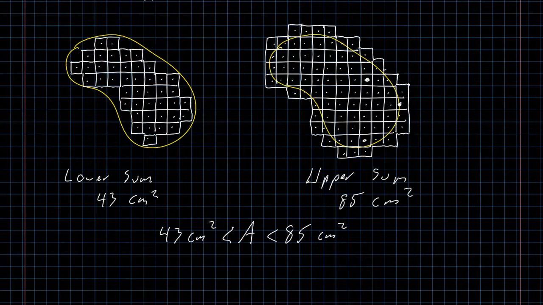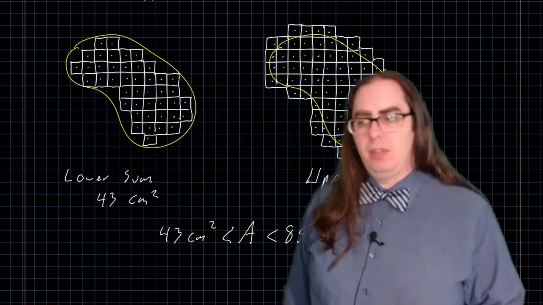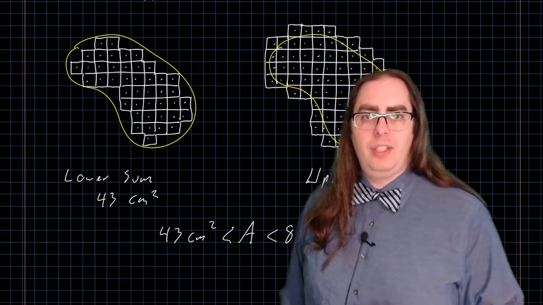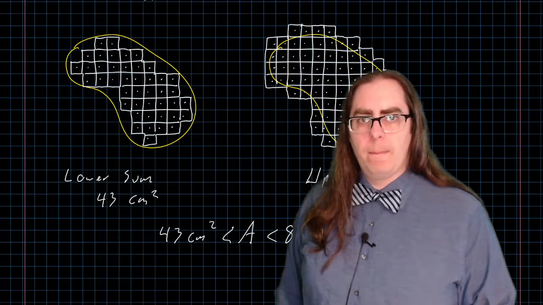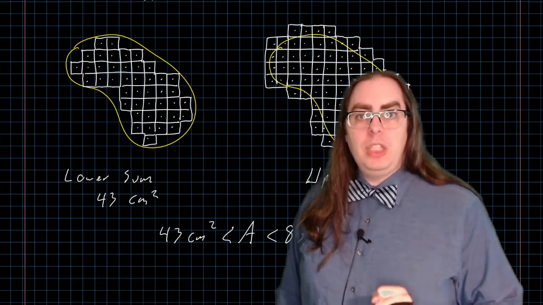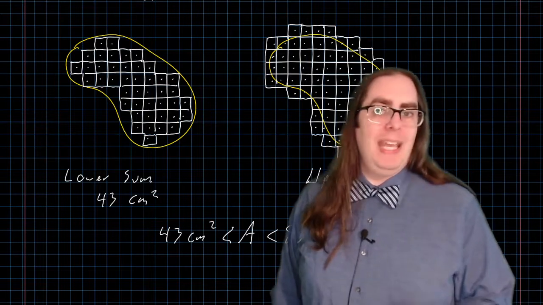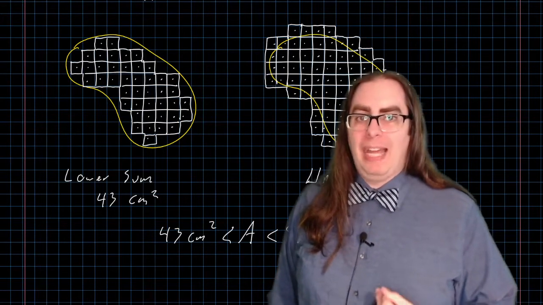And yes, that's absolutely correct. But this is calculus, and so we have a tool that we can still use, because we could get a better approximation if we had time and we had precision.